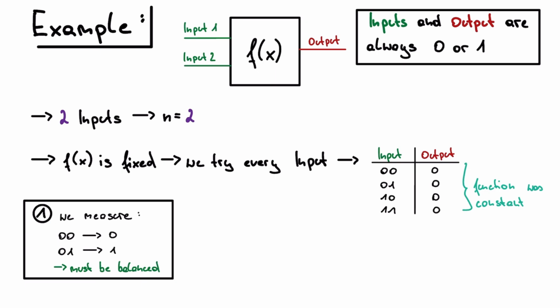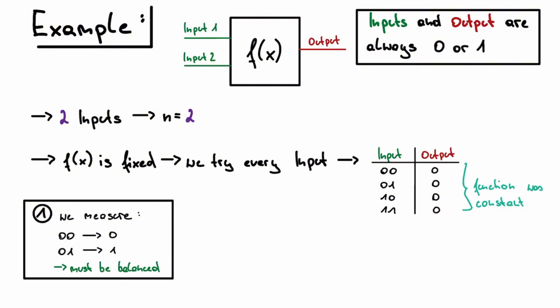If we have already seen both outcomes, 0 and 1, then there is no way that the function could be constant. It cannot return only 0 or only 1 anymore. We've already seen both, so it must be balanced. In this case, we figured it out after just testing 2 inputs. That's only 50% of all possible inputs. So sometimes we are lucky and can figure it out early.